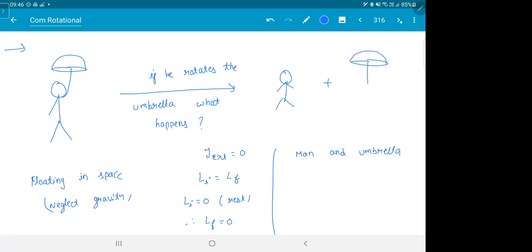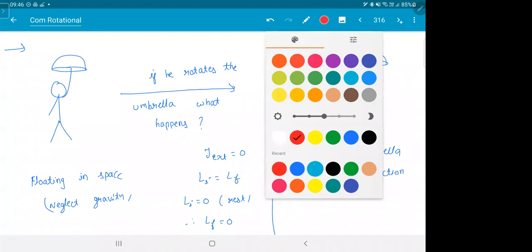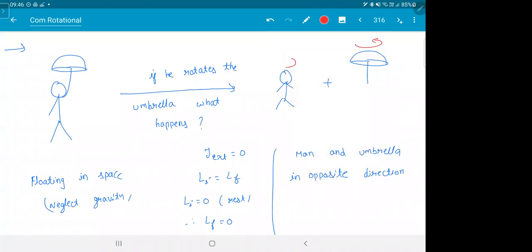Just like linear momentum. If I throw something in the forward direction, I'll go in the backward direction. In real life, you don't see this because of air resistance and friction. But if you actually do this in space, this thing happens. So if you say this is clockwise, this will be anti-clockwise.